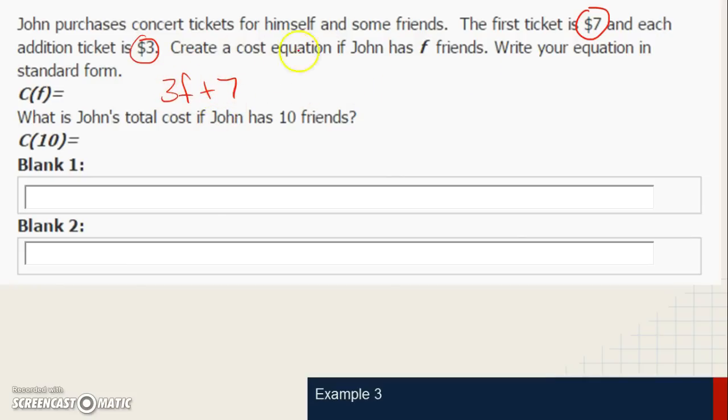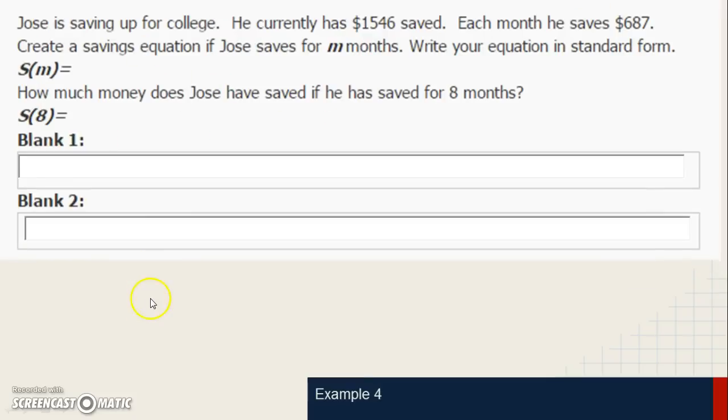See, I'm able to throw this together now. I'm kind of familiar with the question. And then I just, down here, I evaluate wherever F is. I plug in 10, and I have 3 times 10 plus 7. That's 37. So I'll type in my cost equation, 3F plus 7, and I'll type in my total when I have 10 friends, which is 37. And we are on to the next example.